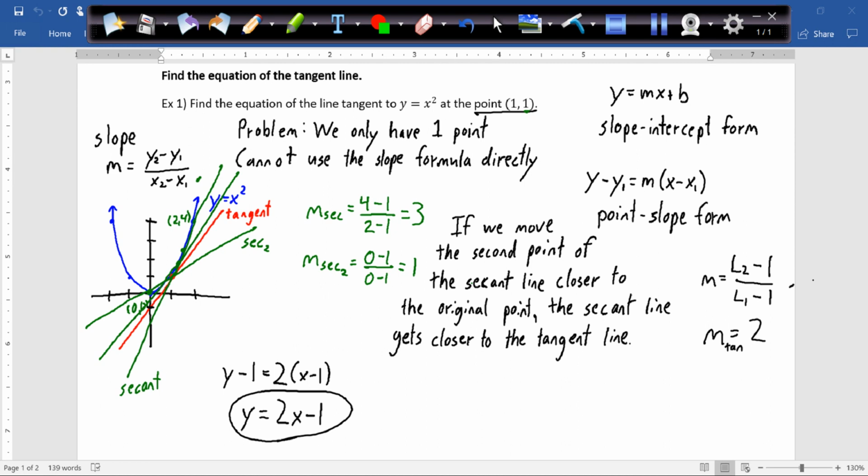Is that right? Hmm? I don't think that's right. 2x minus 1? Distributing, I get 2x here, and I get a minus 2 there. Add the 1 gives me negative 1. Okay. Yeah. Okay. So that's the equation of the tangent line there. Any questions?